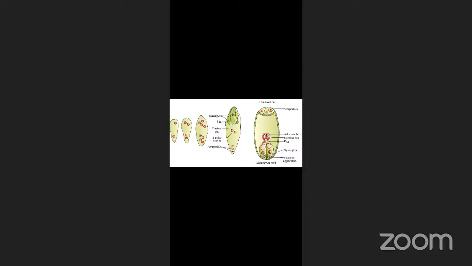Let's see megasporogenesis. Before that, you should know about the ovule or megasporangium structure, as we discussed earlier in the embryology introduction.